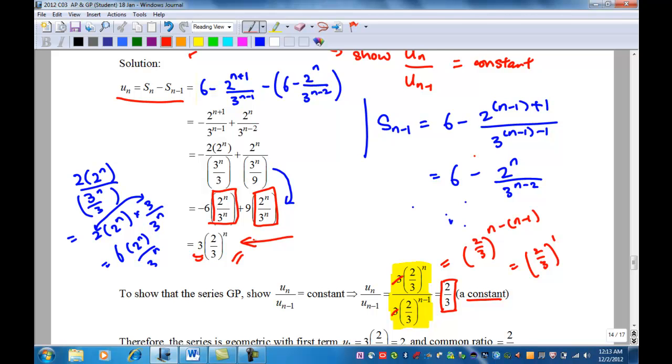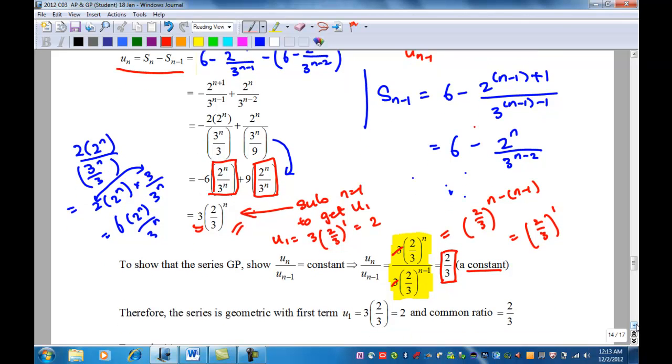So when we substitute in n equals 1 in order to get the first term u1, we find that our u1 has to be 3 times 2/3 power 1. That gives us 2. And the result is shown in the last line here.